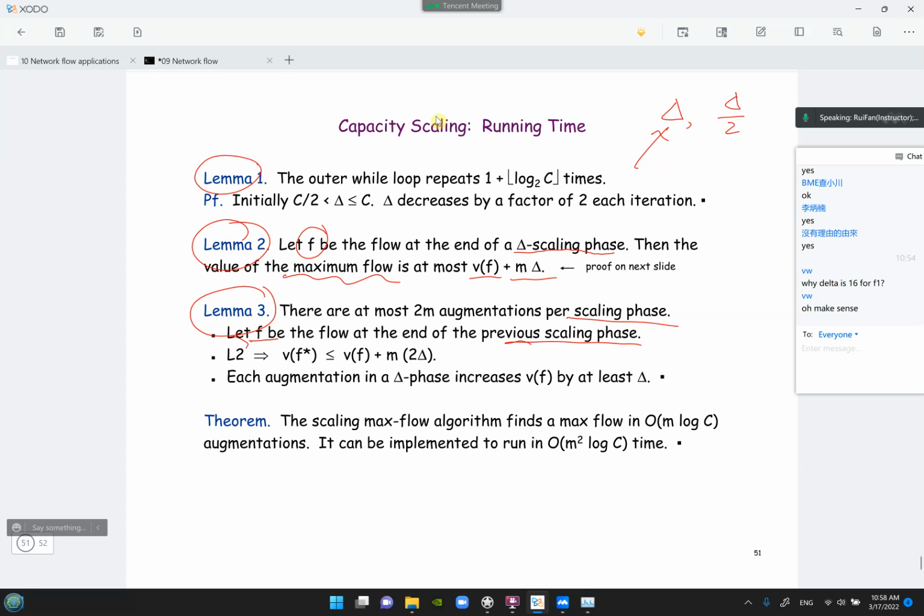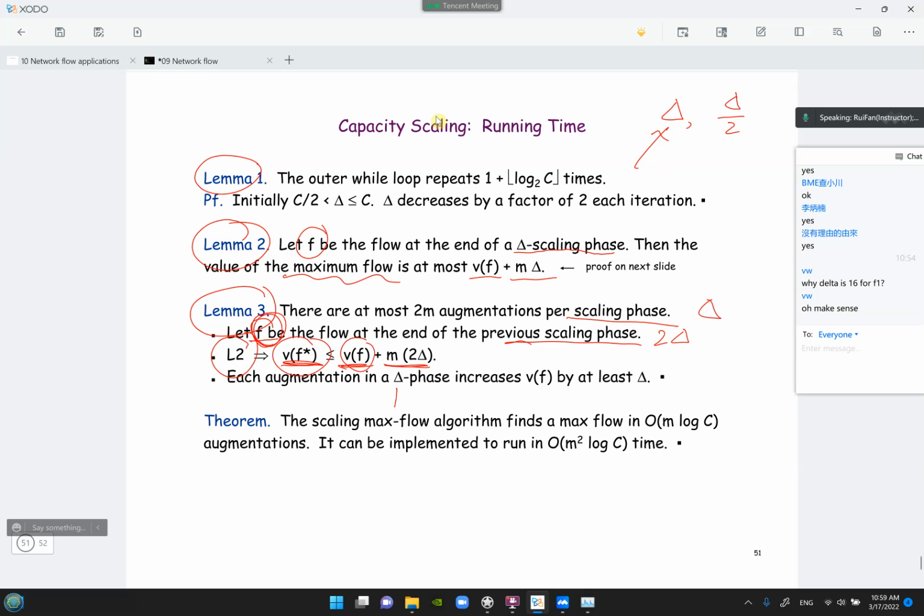Then by lemma 2, we know that the optimum flow, f star, is at most the previous flow plus m times 2 delta. It's 2 delta because if we're currently in a delta phase, then the previous scaling phase was 2 delta.